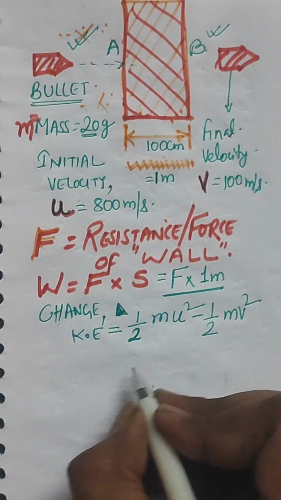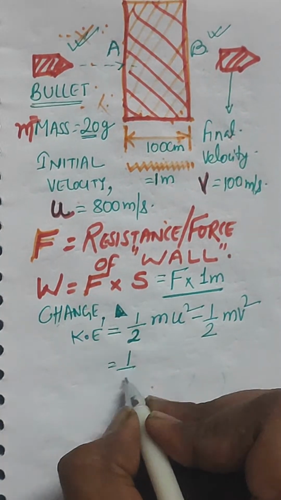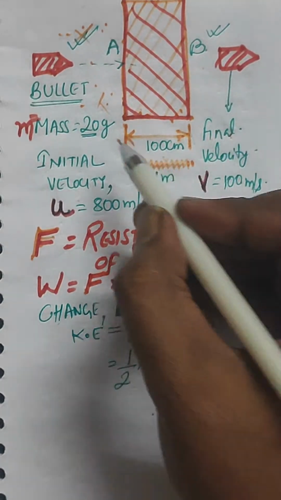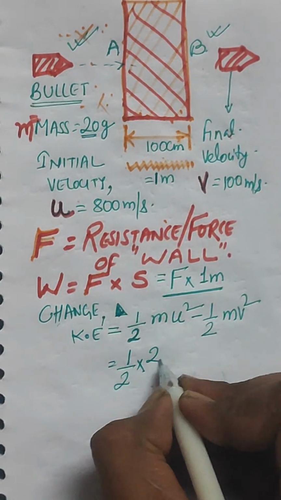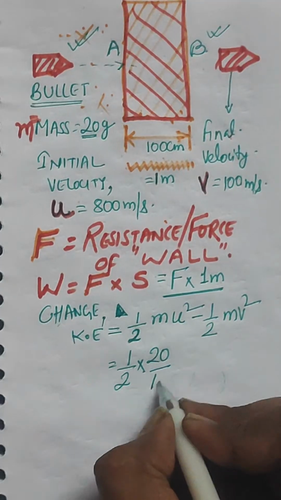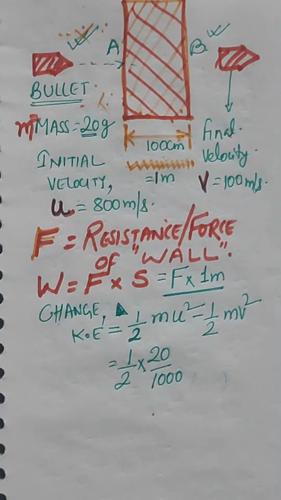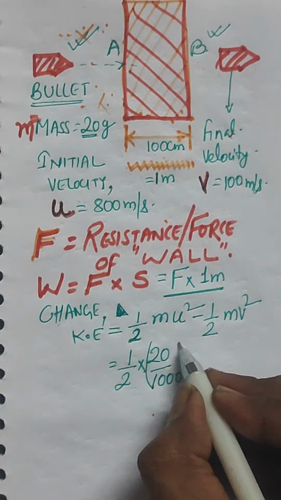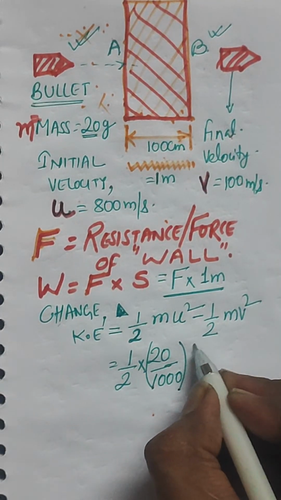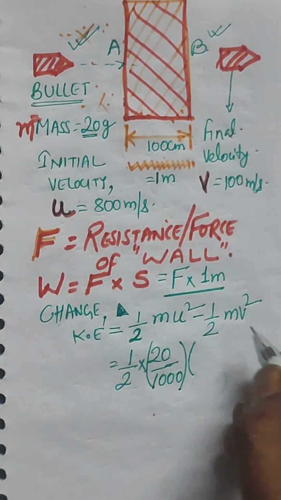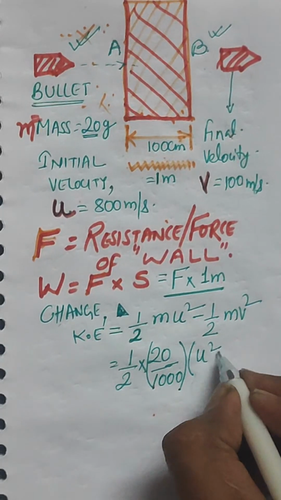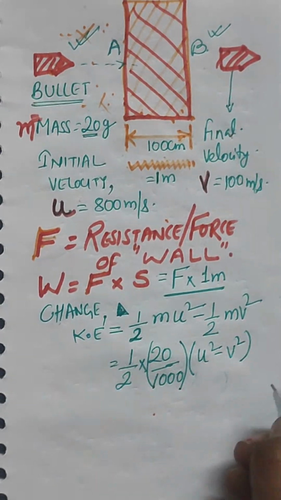So here you can see half m can be taken as common, and mass is 20 gram. 20 gram needs to be converted into kg, so we divide it by 1000, and in the bracket it's u square minus v square, right?